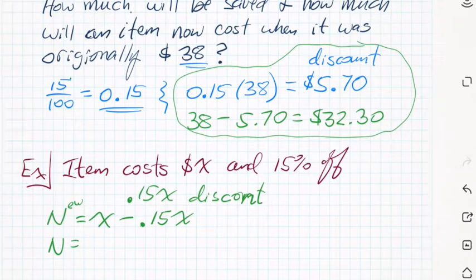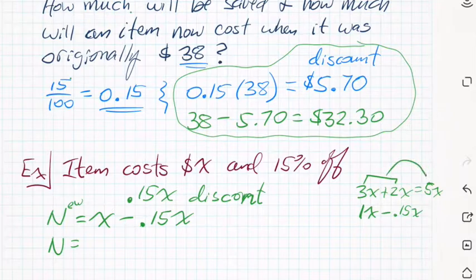Now, algebra-wise, if you have 3x plus 2x, you've been taught that that's equal to 5x because of like terms and all that fun stuff. But a lot of people forget that there's something called the distributive property, but we won't get into that. This one is x minus 0.15x. So we do the same thing. Up here we went 3 plus 2 to give you 5.